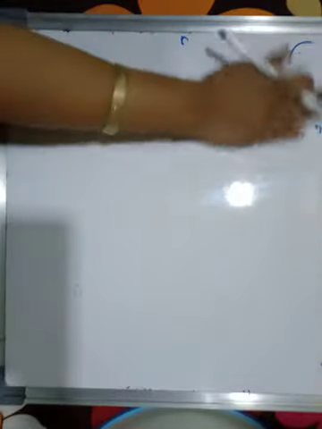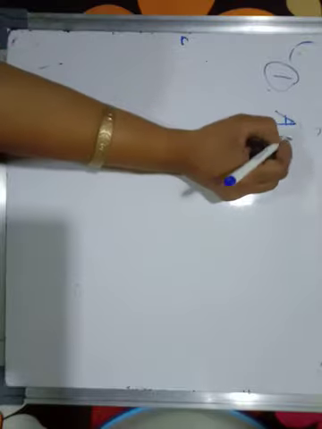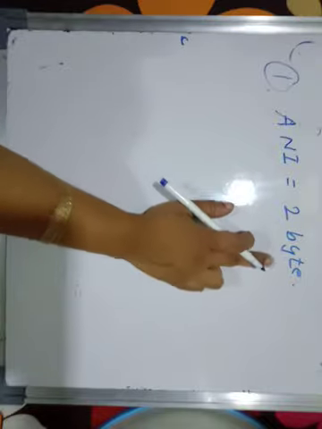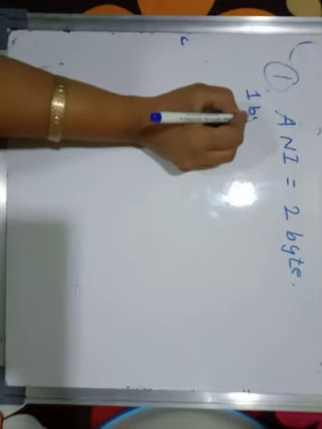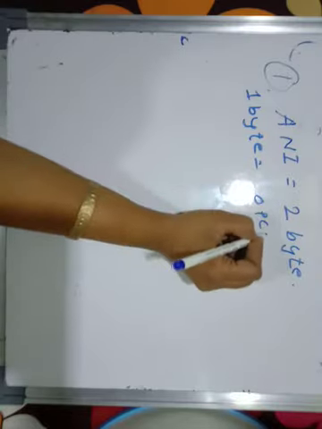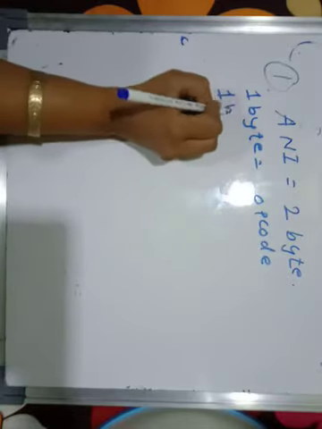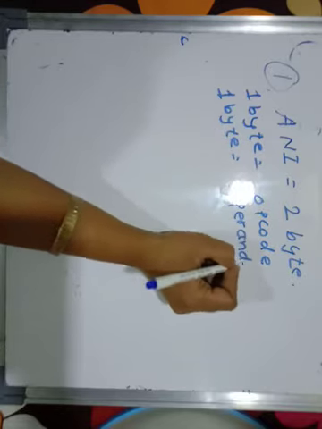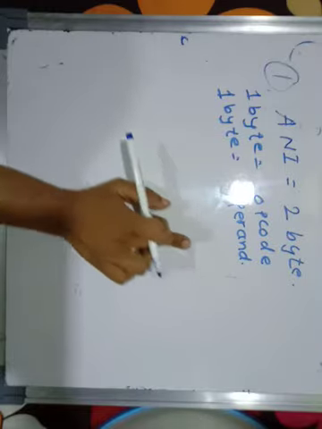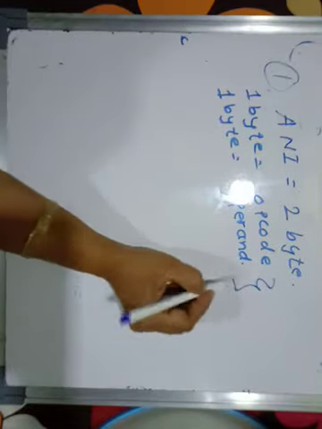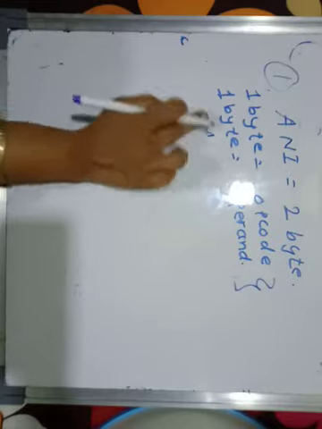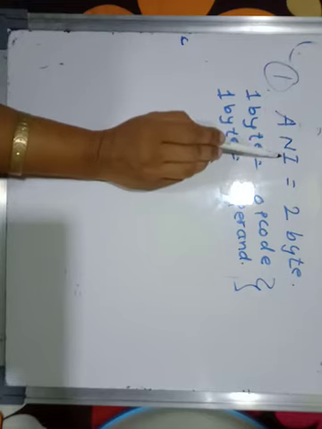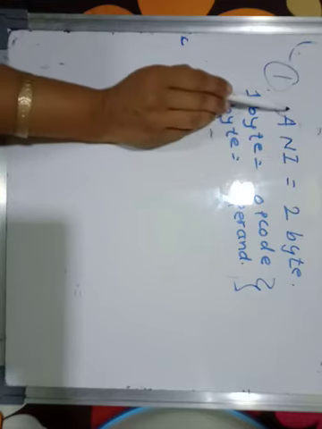So this ANI is a 2 byte instruction. 2 byte means 1 byte is given to the opcode, and 1 byte is given to the operand, that is your immediate data. Okay, so here how we are going to perform this? For example, if you are given the immediate data, the content of immediate data will be ANDed with the content of accumulator.